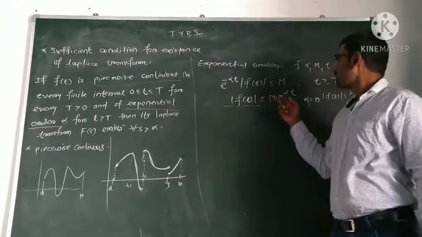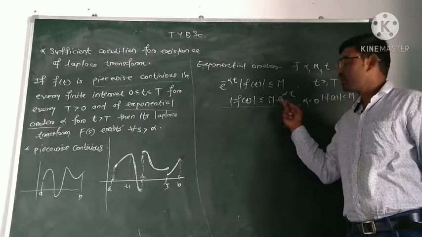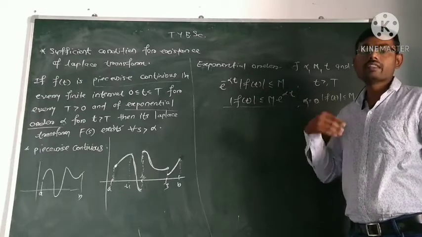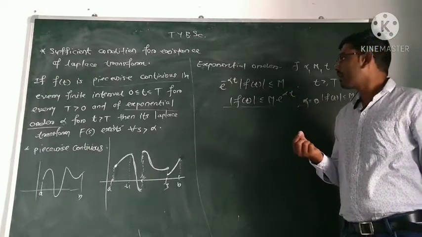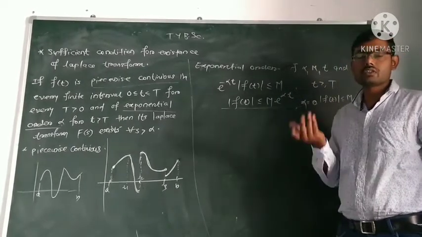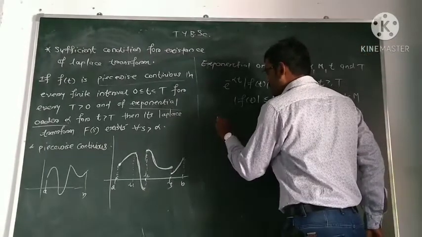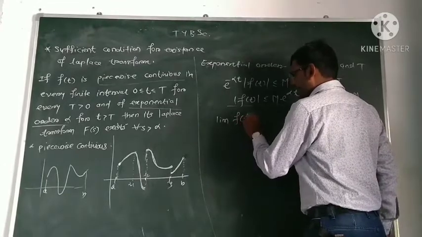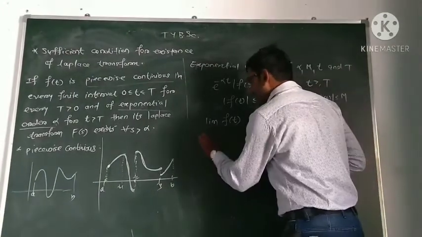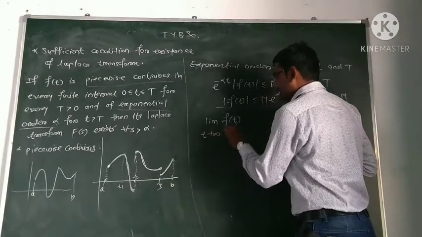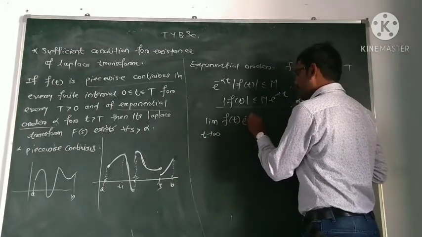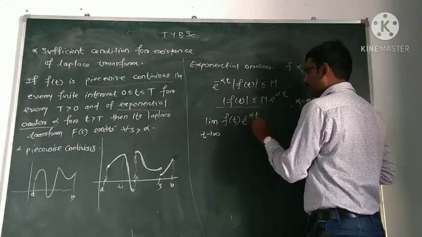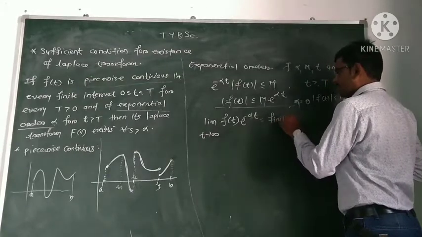Now, to prove some function is of exponential order, we have to find the values of M, alpha, and T. The other criterion for a function to be of exponential order is to prove that the limit as t tends to infinity of f of t into e raised to power minus alpha t is equal to some finite number.